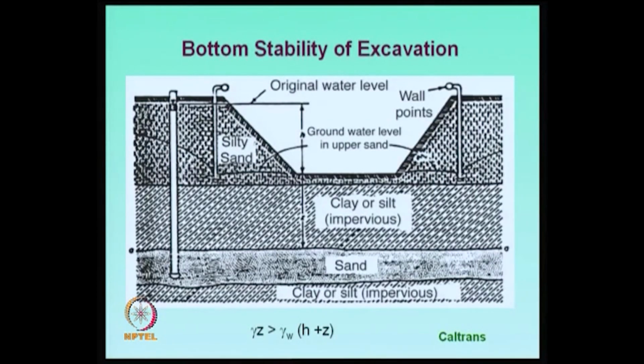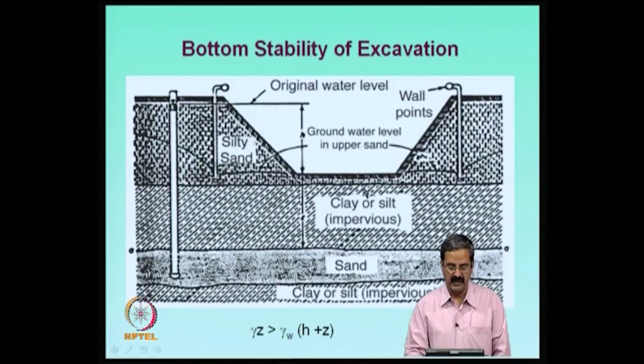And of course, this is another example of how you avoid bottom heave. In fact, what happens if you just do the groundwater lowering is that there is an uplift here, and so we try to release the pressure to this point. For example, you can see this blue line.